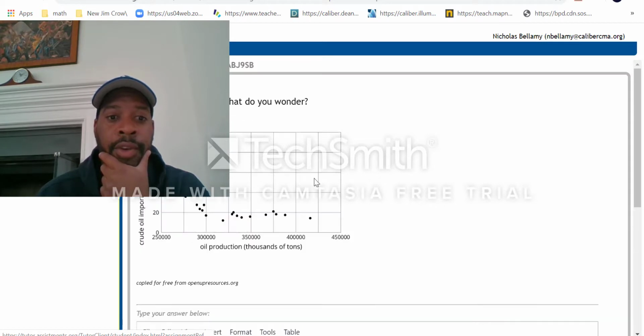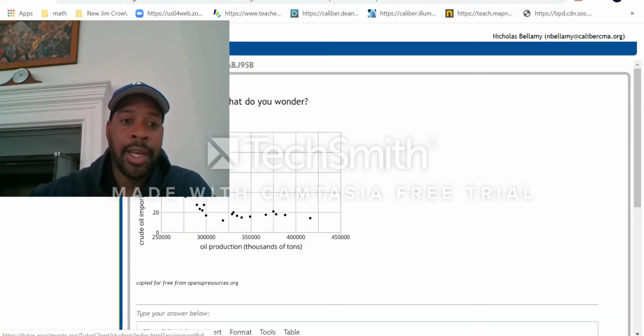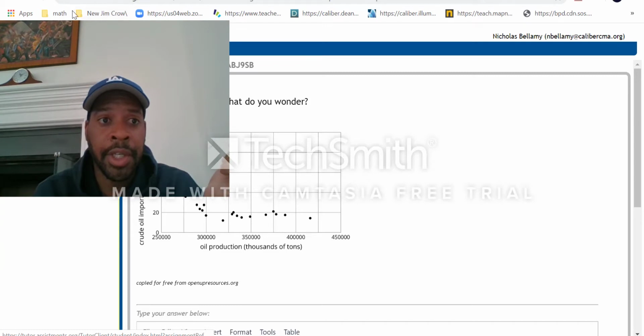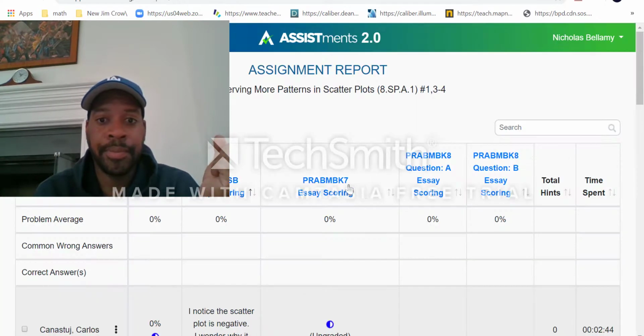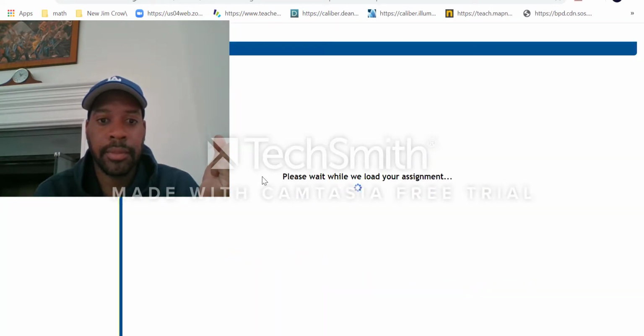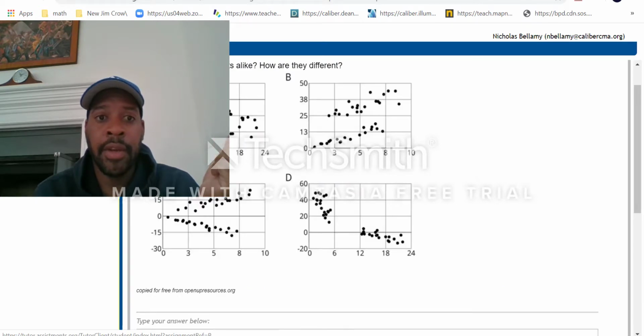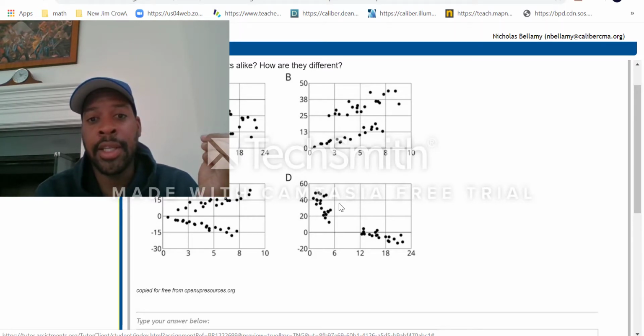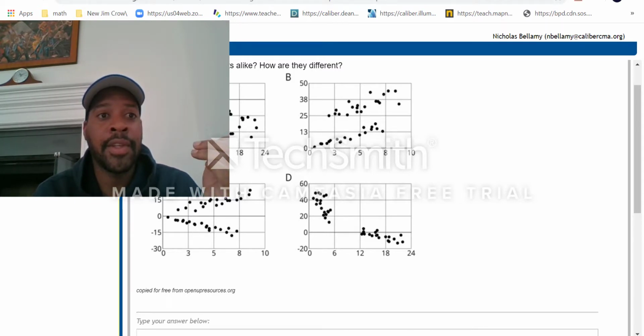What do you wonder? So you have a graph, and you're once again looking at what's happening with the crude oil import price and the oil production. Is this negative, positive, nonlinear? Is there no association? You're looking at those factors for this. And then once again, how are these scatter plots alike? How are they different? So you're looking at the four, A, B, C, and D, and determining the differences and the likeness of these scatter plots.